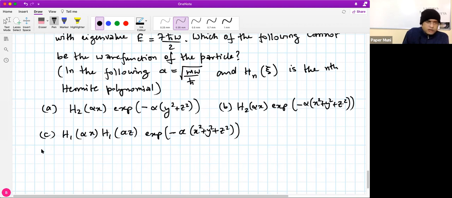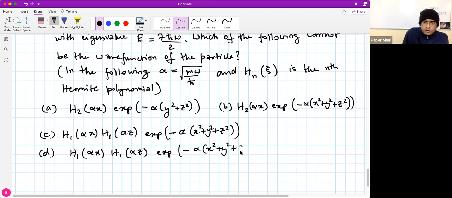And then the D option is H1 of alpha x, H1 of alpha z, and exponential of minus alpha times x square plus y square plus z square. All right, so these are the things given to you, and we have to figure out.